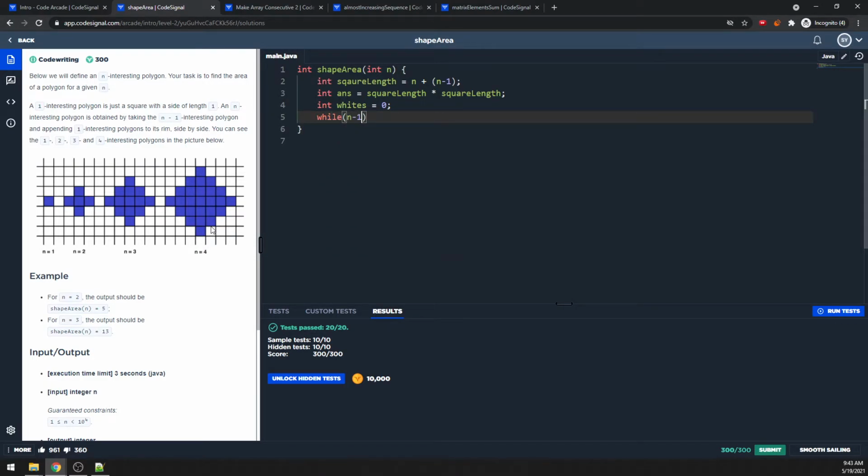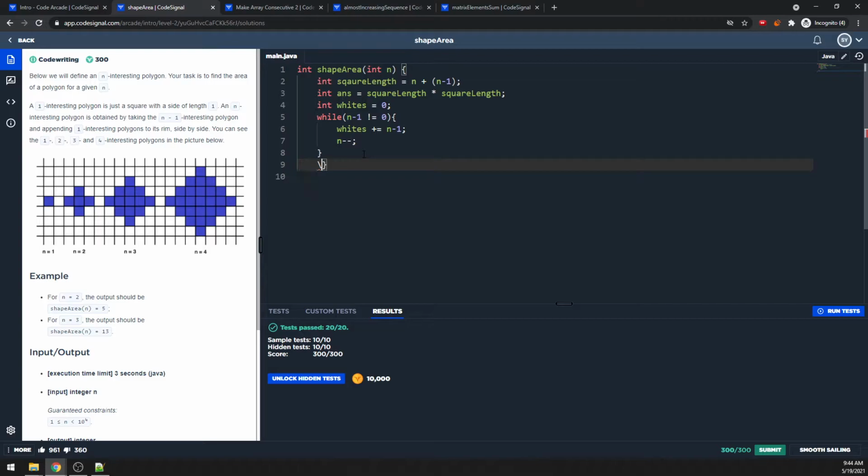While n minus 1 is not equal to 0, white plus equals n minus 1, and then n decrements. So n minus 1 is 3, white plus 3, and n becomes 3. On the next one, 3 minus 1 is 2, white plus 2, and n decrements. Then 2 minus 1 is 1, white plus 1, and you get the entire area of the small triangle.